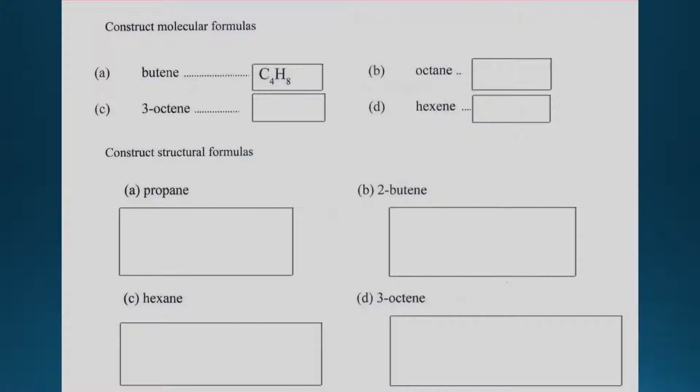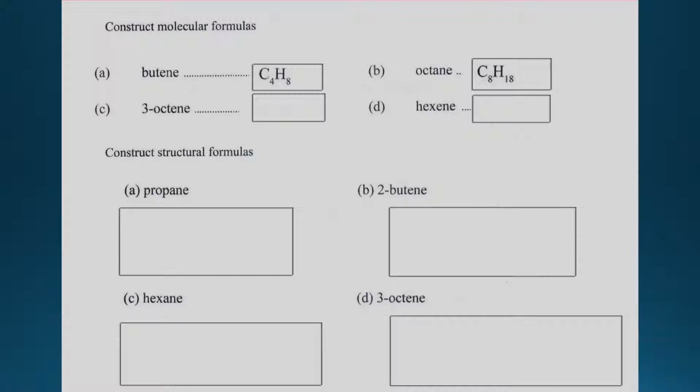B. Octane. It is a single bond, so we use the CnH2n+2 rule: C8H18.